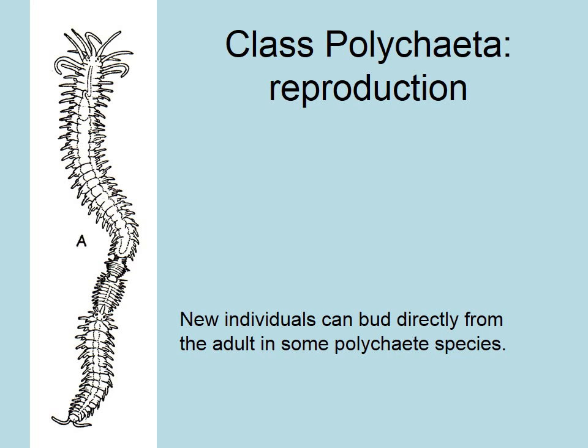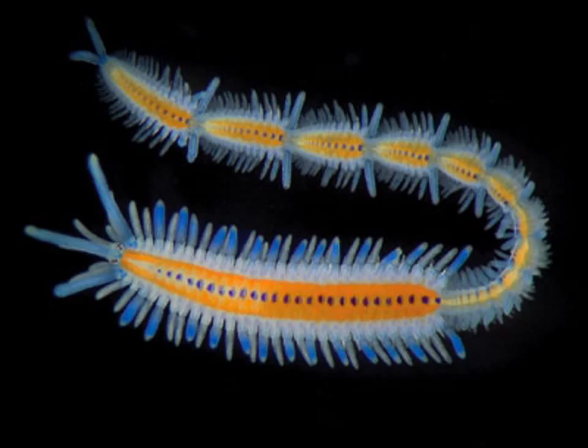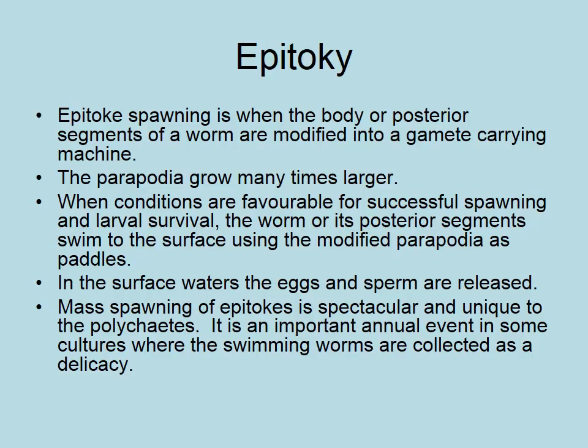Okay, so this is epitoky, and hopefully we can see some of these in lab, but you can see the new budding individuals growing right off of the growth zone at the rear end of the body. Here's another picture of epitokes growing. Okay, a budding, and you can read that on your own.